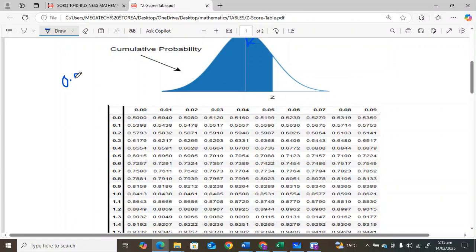Colleagues, how do we read our value from the table? Yes, for the first two digits, this is 0.5. We're going to find it in this column, and it's here.